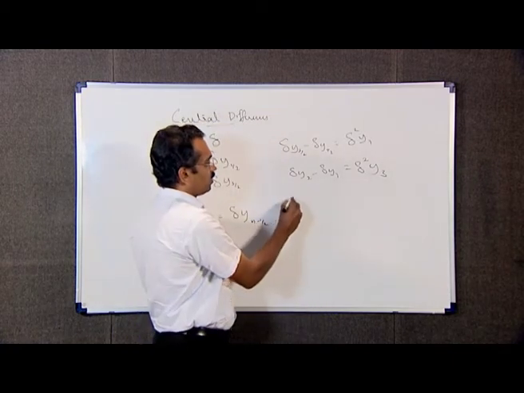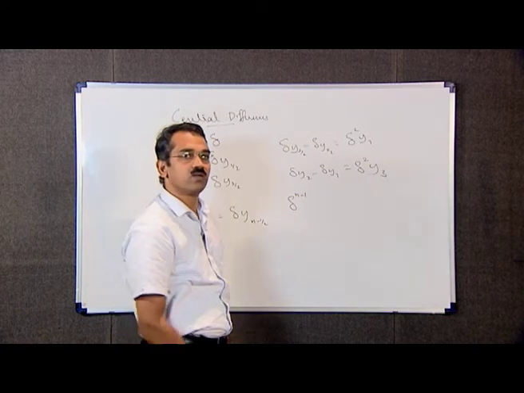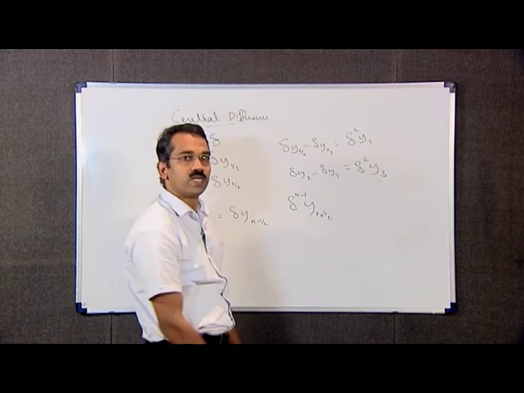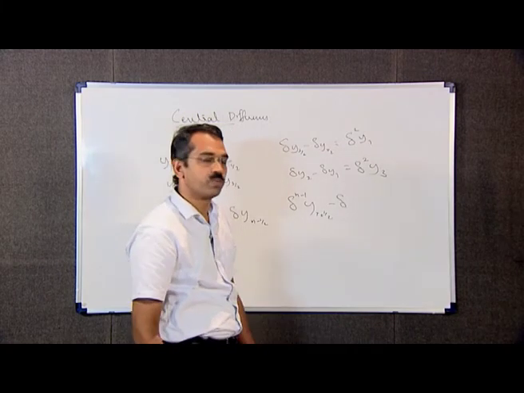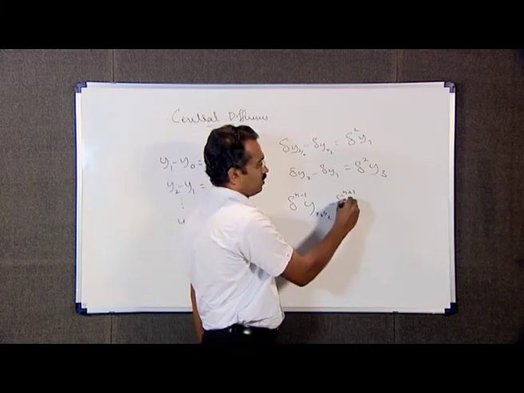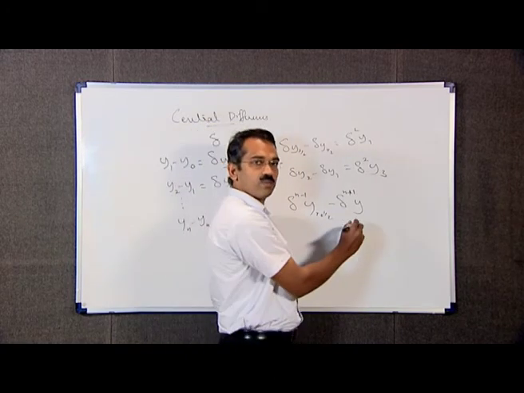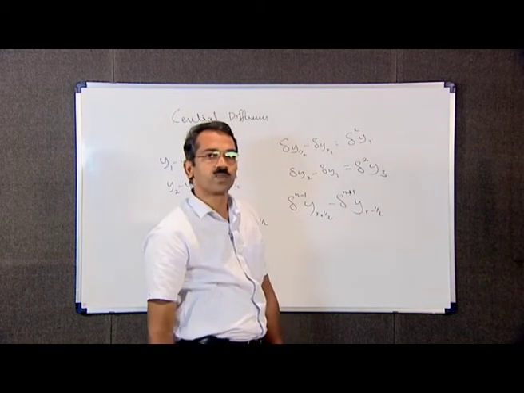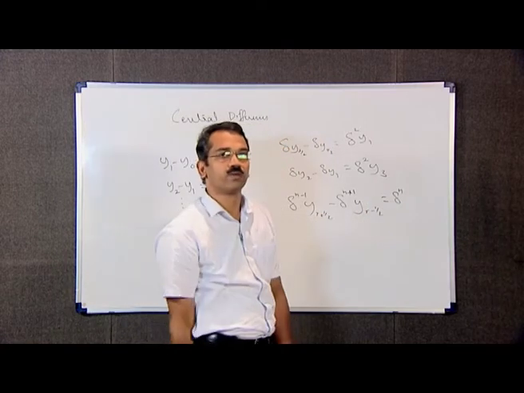In general, delta raised to n minus 1 y r plus 1 by 2 minus delta raised to n minus 1 y r minus 1 by 2 is equal to delta raised to n y r.